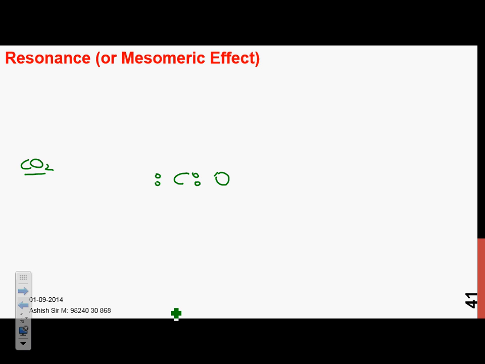So they'll say 2 electrons each. Carbon has shared 2 electrons over here, 2 over here, total 4 electrons shared. In that way, carbon has now got 8 electrons. So the octet of carbon is complete.